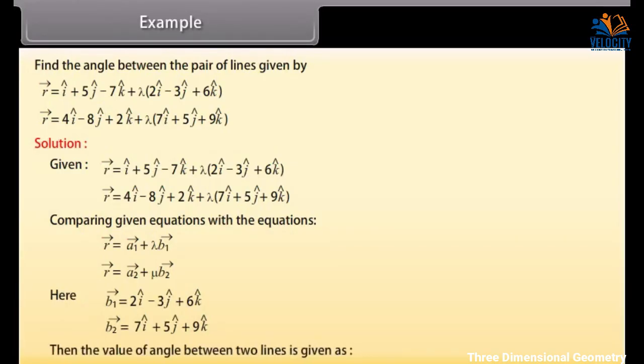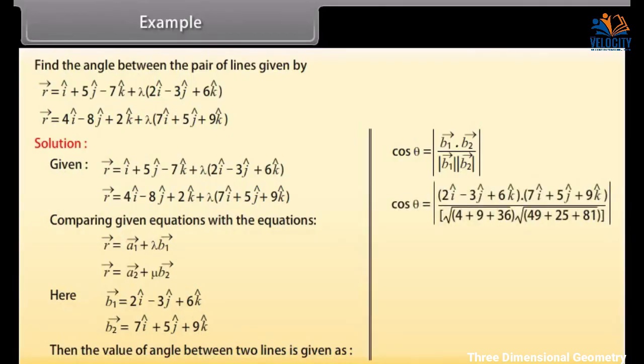Then the angle between two lines is given as cos theta equals modulus of (vector b1 dot vector b2) by (modulus of vector b1 into modulus of vector b2). Cos theta equals modulus of the dot product of (2i minus 3j plus 6k) and (7i plus 5j plus 9k) divided by square root of (4 plus 9 plus 36) into square root of (49 plus 25 plus 81).